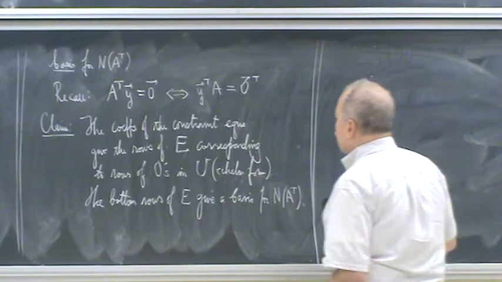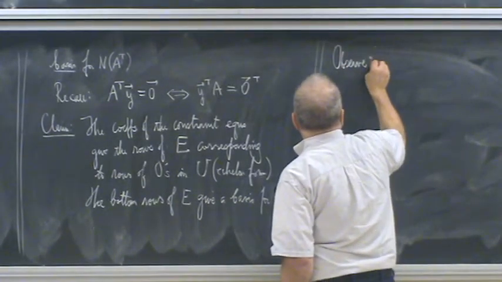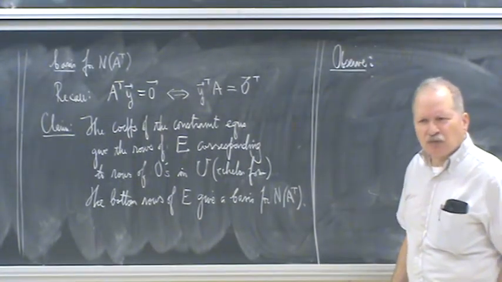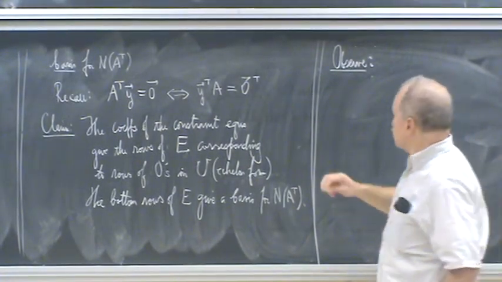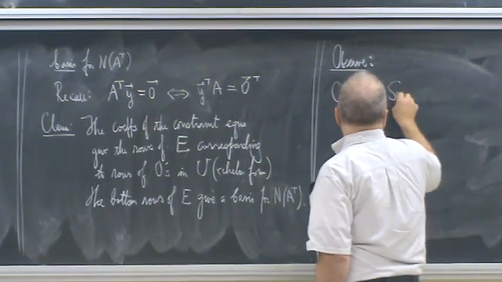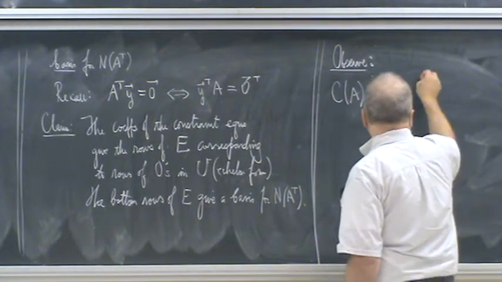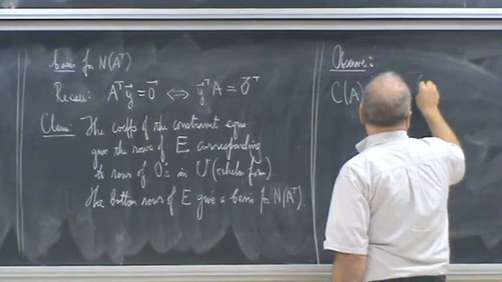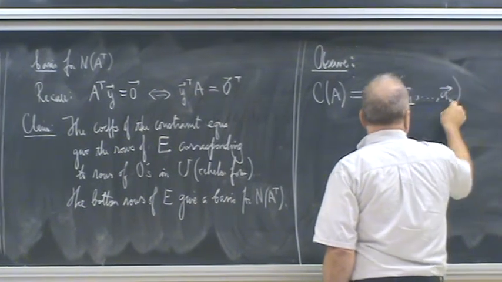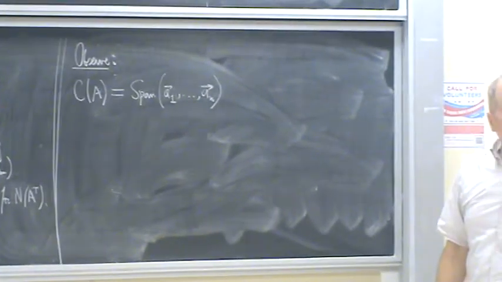What's our definition of the column space? Definition of the column space. It's a span of the column vectors. So all vectors that can be written as linear combinations of the columns.